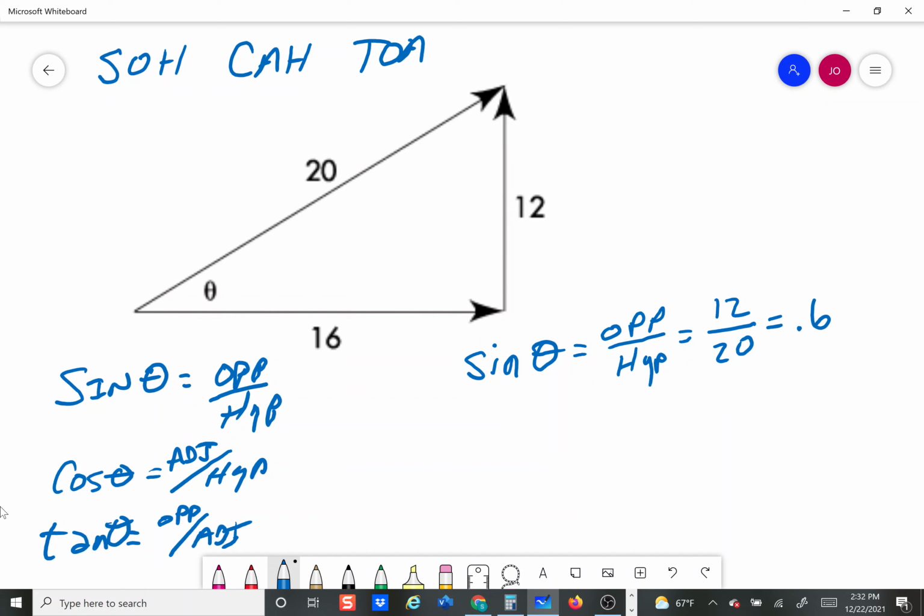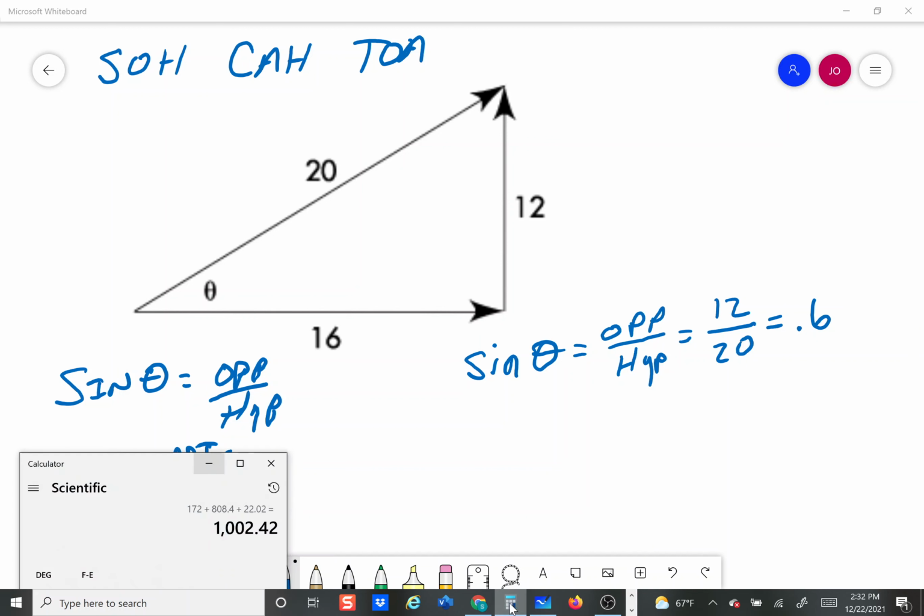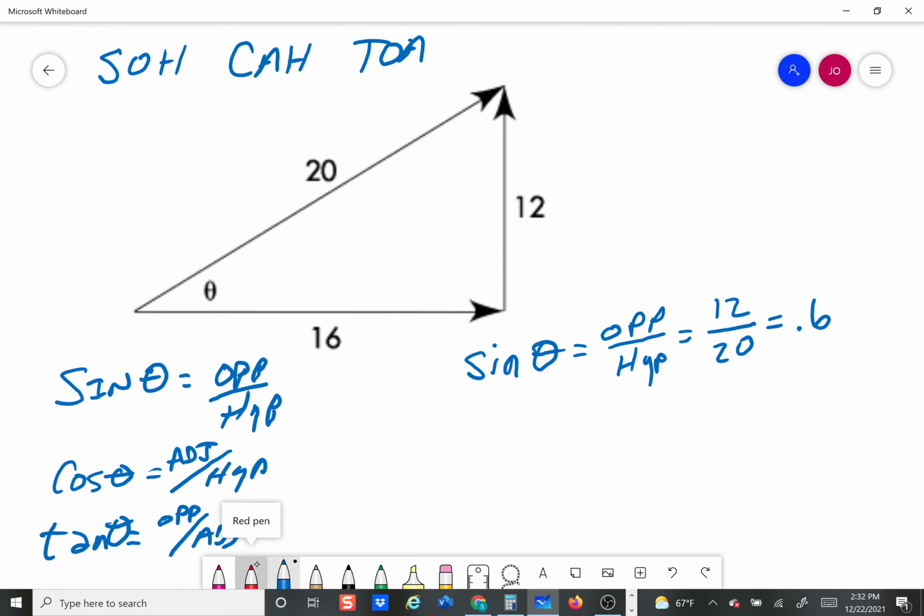But when I bust out my trusty calculator over here, I'm gonna take that side 12 and divide it by 20, and I'm gonna get a value of 0.6. That is going to be my sine function for theta. I'll switch colors here, and I'm gonna go with the cosine. Obviously, the cosine is gonna be a different value because I'm now using the adjacent side, but I'm still using that same hypotenuse.